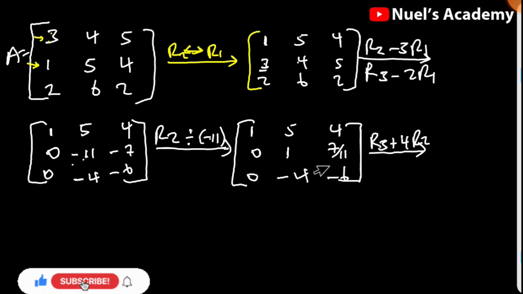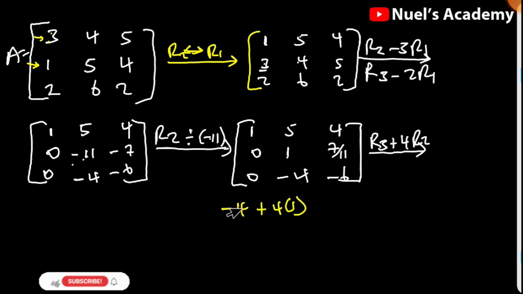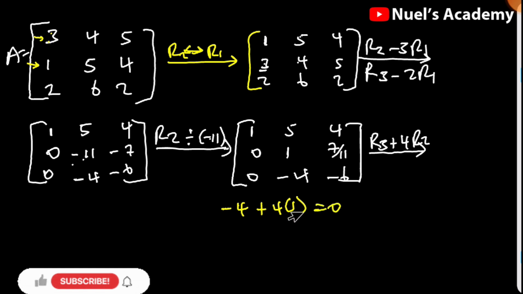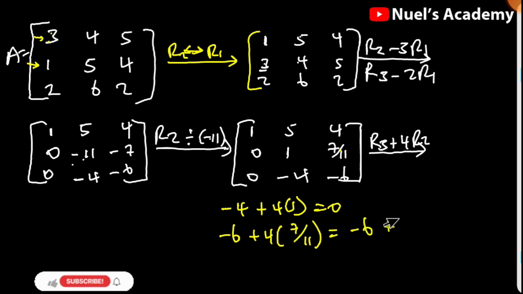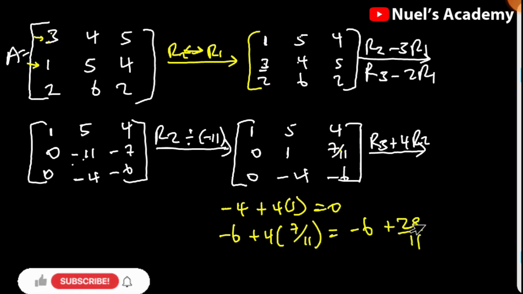So let's compute this operation here. We have minus 4 plus 4 times row 2, which is 1. So minus 4 plus 4 is equal to 0. And then for this negative 6, we have negative 6 plus 4 times 7 over 11. This is equal to negative 6 plus 28 over 11.